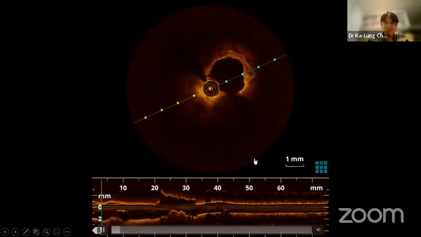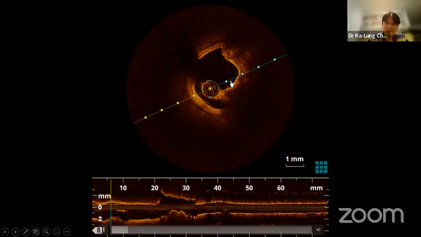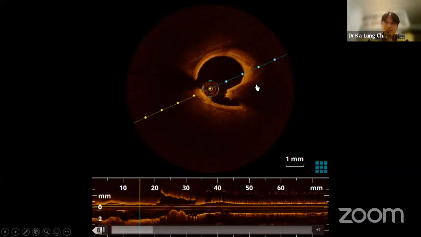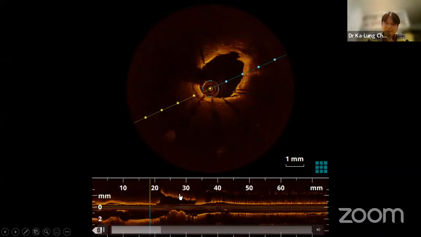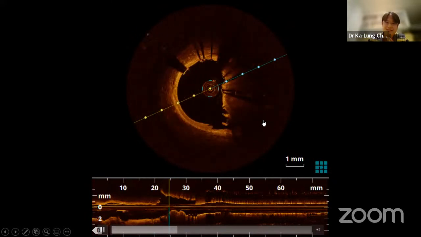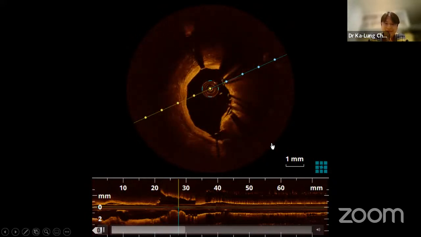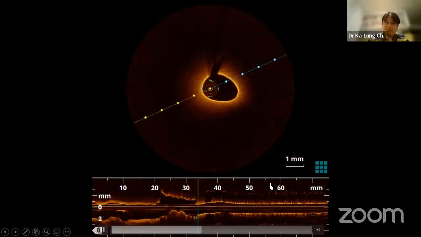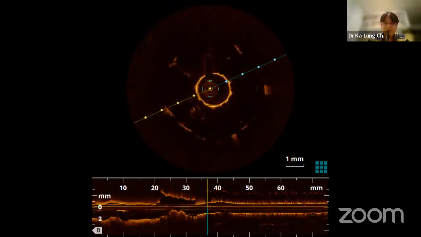I must say this is not a perfect result. There's some edge dissection, but there's no hematoma in the distal vessel. Coming to the left main, you can see some eccentric expansion of the stent, and the proximal edge lands in the ostium.